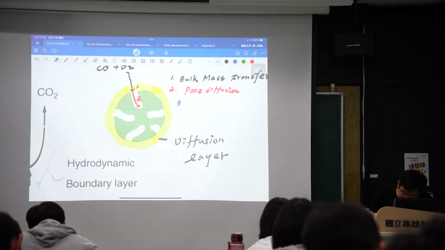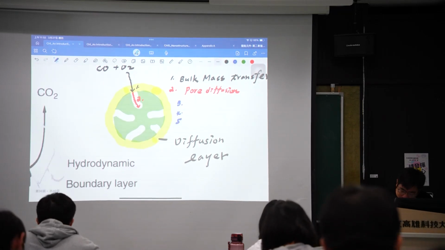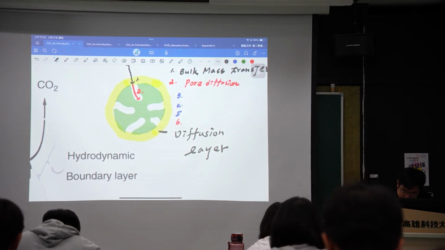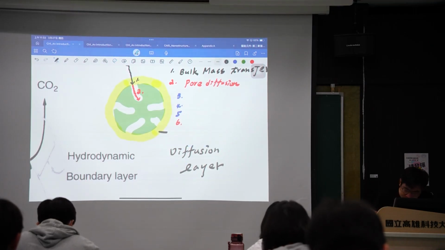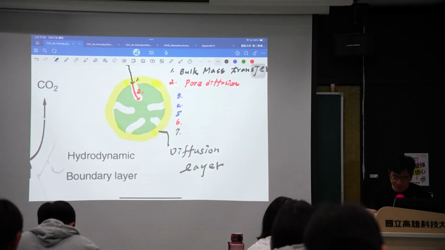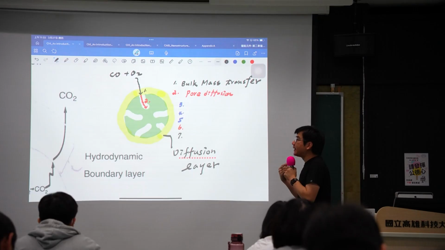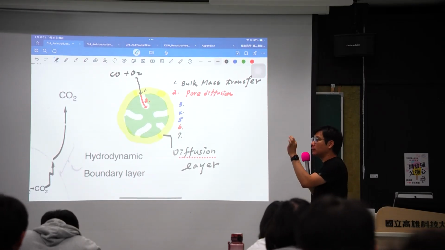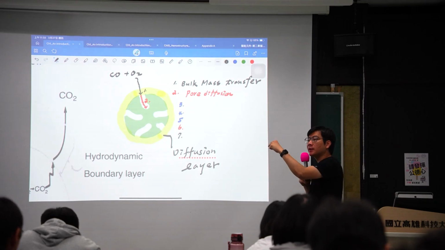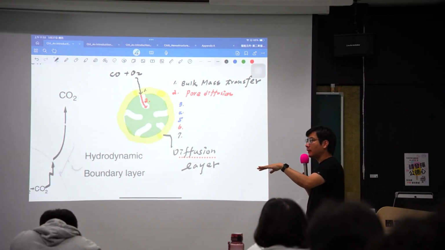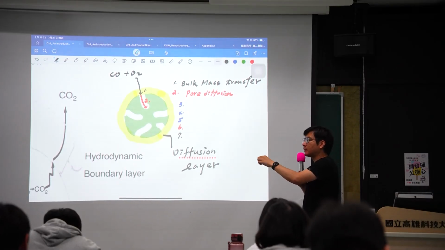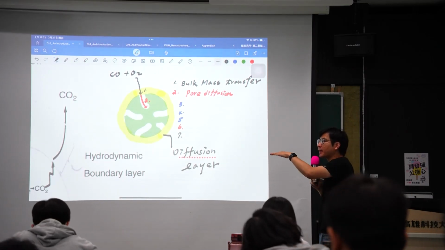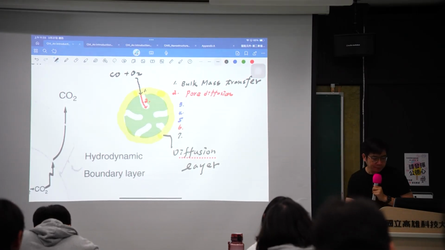Then step 3, step 4, and step 5: your CO has to adsorb on the surface, and then proceed with a chemical reaction, and then desorb. So steps 3, 4, and 5 take place on the surface of the catalyst.